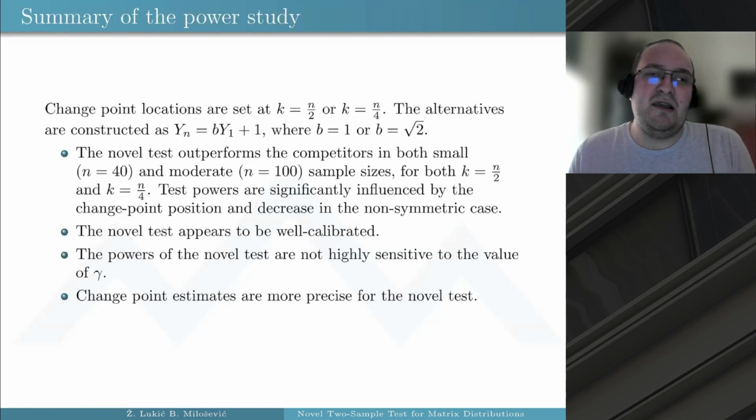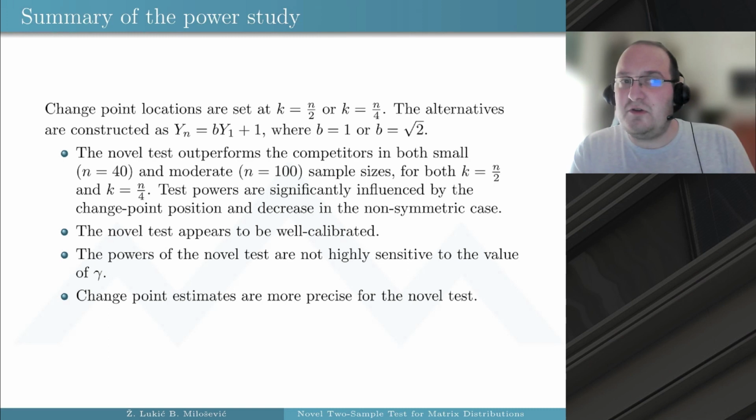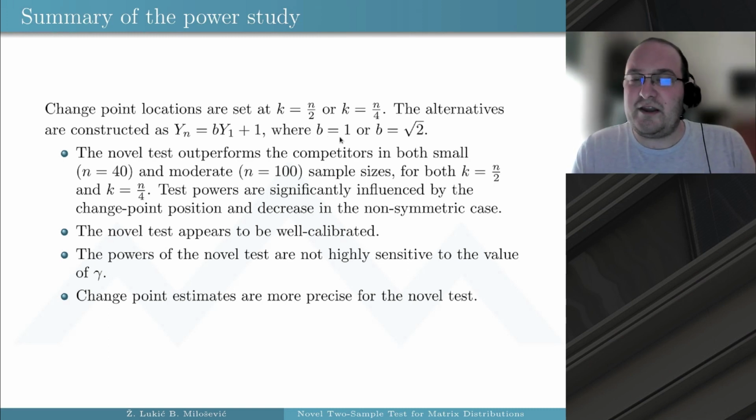Also, it's interesting to see how we have constructed our alternatives. So first, we need to set where the change point is in our simulations. We have used half of the sample or the quarter. And the alternatives are Yn equal to b, which is a constant, times Y1, where Y1 comes from the uniform or gamma distribution, plus 1, where we vary the constant b to be either 1 or square root of 2.